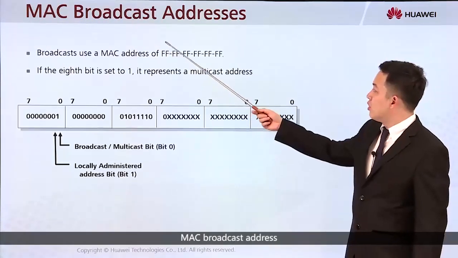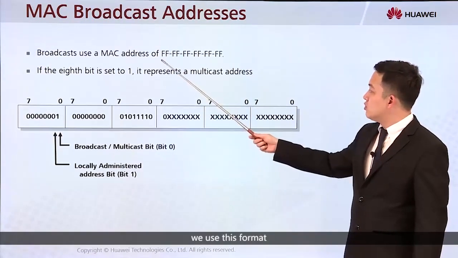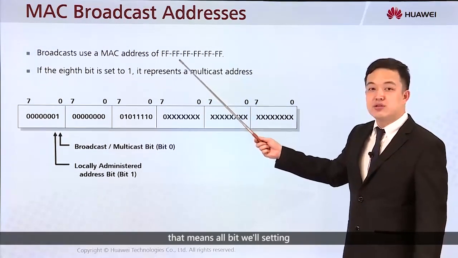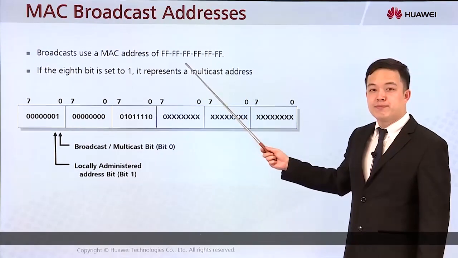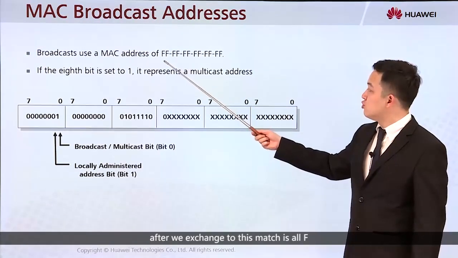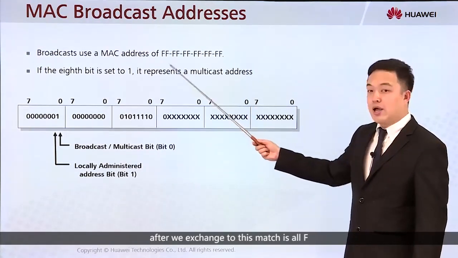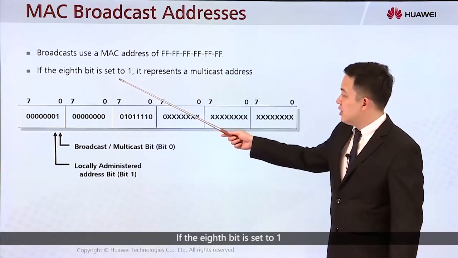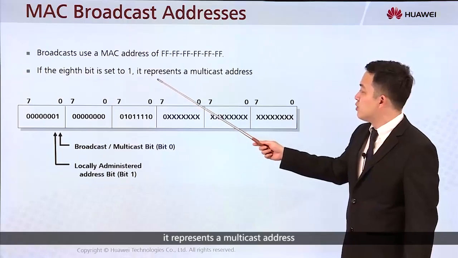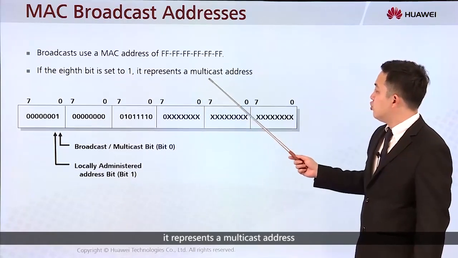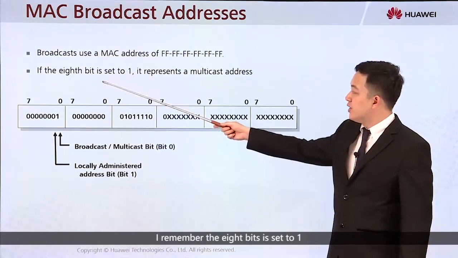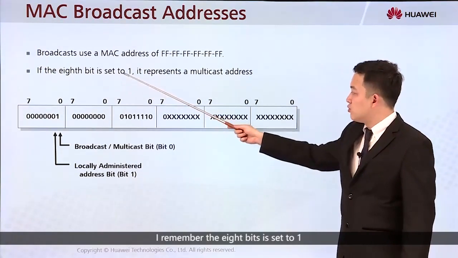For the MAC broadcast address, we use this format. That means all bits are set to 1. After we convert to this format, it is all F. If the 8th bit is set to 1, it represents a multicast address. Remember the 8th bit is set to 1.